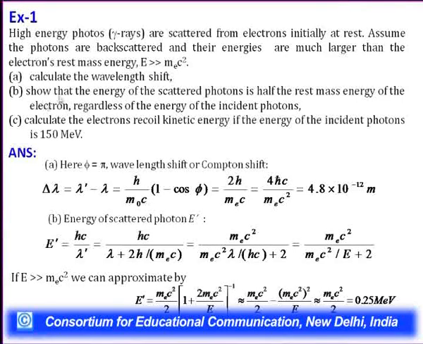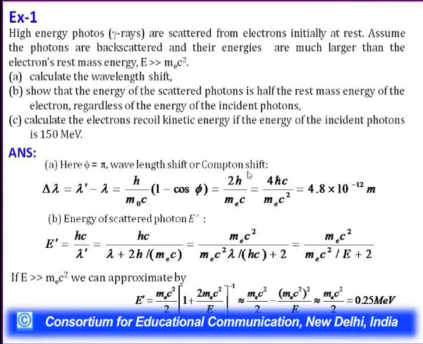Second, show that the energy of the scattered photon is half the rest mass energy of the electron, regardless of the energy of the incident photons. Third, calculate the electron's recoil kinetic energy if the energy of the incident photon is 150 mega electron volt. Here phi is equal to pi.